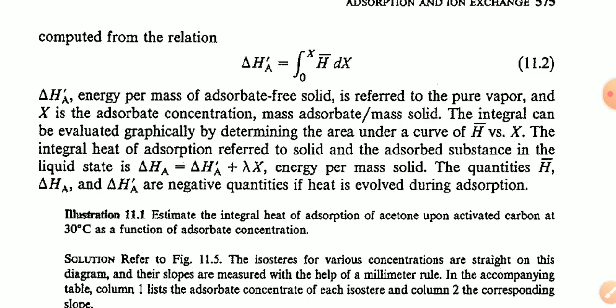The integral can be evaluated graphically by determining the area under a curve of H bar versus x. The integral heat of adsorption referred to the solid and the adsorbed substance in the liquid state is delta H_A equals delta H'_A plus lambda X_A, for energy per mass of solid.